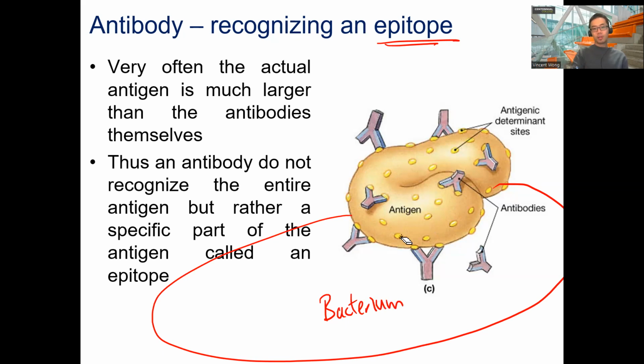This is much smaller, but on the antigen, there are different spots. Some spots are more unique than others. And it turns out the antibodies are more potent, they are stronger, more effective if they are able to recognize something that's unique, rather than something that is commonly shared between many different pathogens.